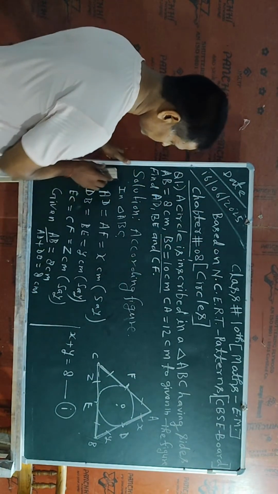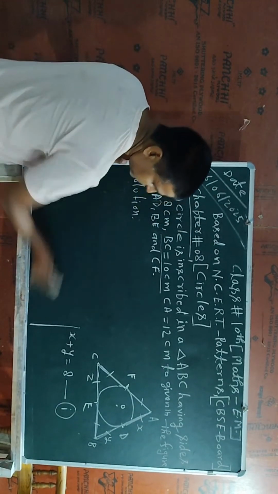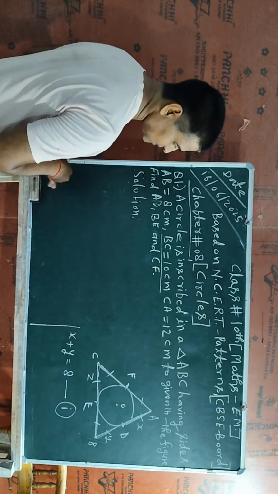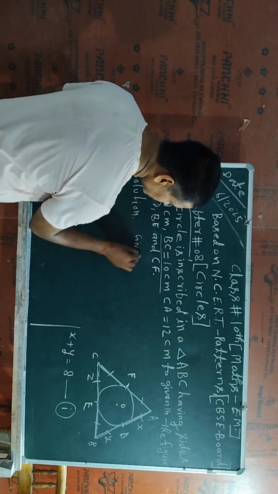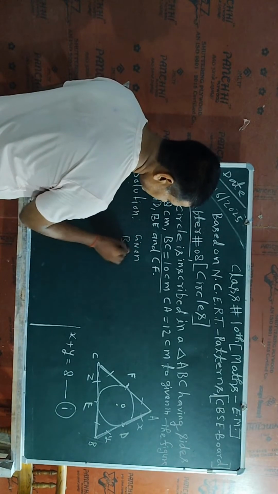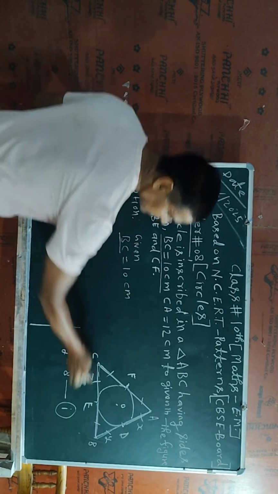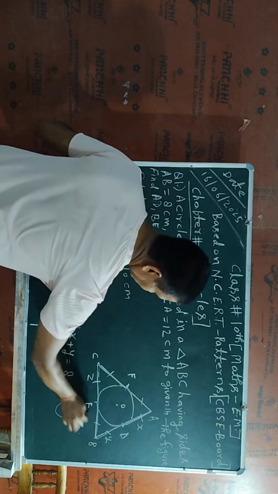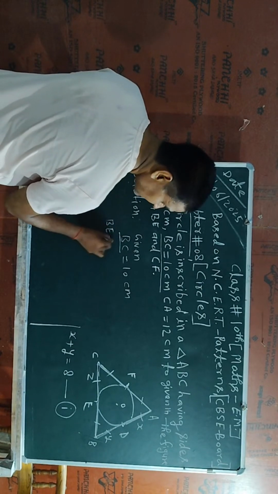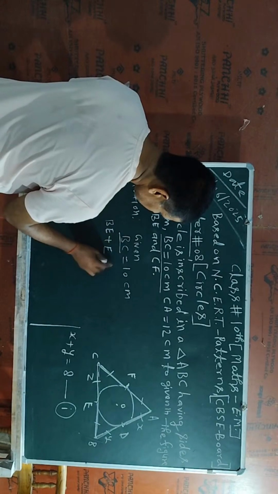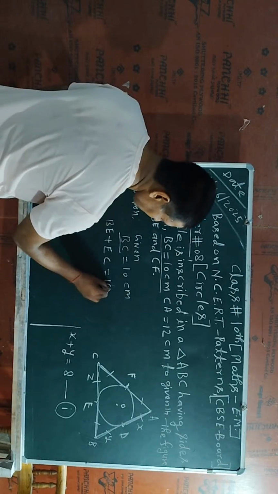Okay, students, further I am going to erase this one, and after erasing, I will further write its value. So equation number 1 I will keep there for further calculation. So I will say other information, that is length BC, that is given 10 centimeter. So length BC, I will say BE plus EC, which is equal to 10 centimeter.